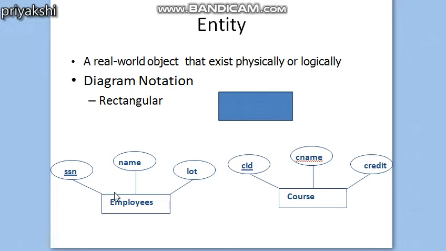Employee is an entity because it is an object in the real world with physical existence, because we can see an employee. But course is an example of an entity that exists logically. We cannot see a course, but its existence is there. So an entity may be a real world object that exists either physically or logically.